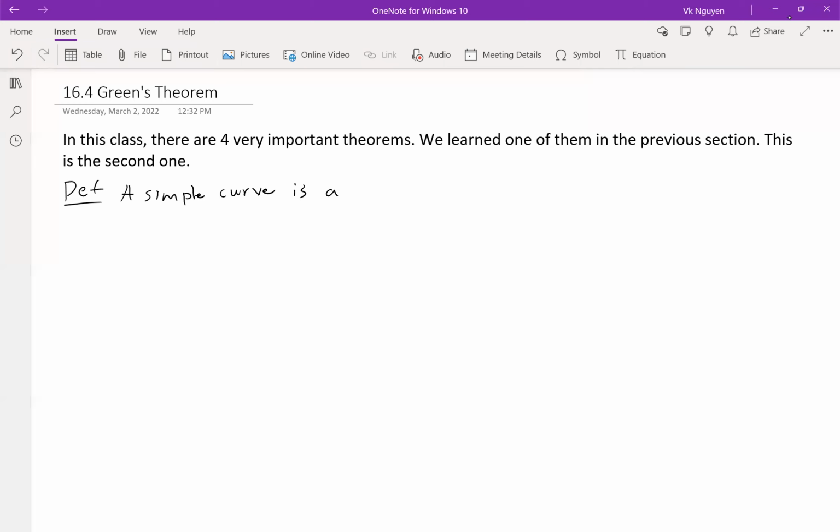A simple curve is a curve that does not intersect itself anywhere between its endpoints. Okay.